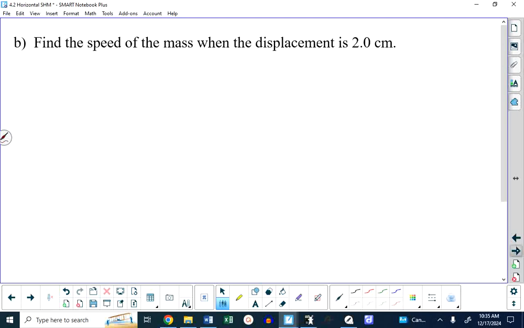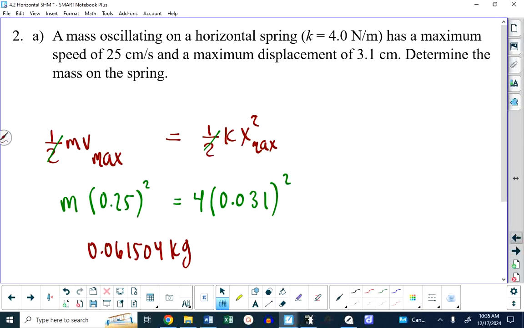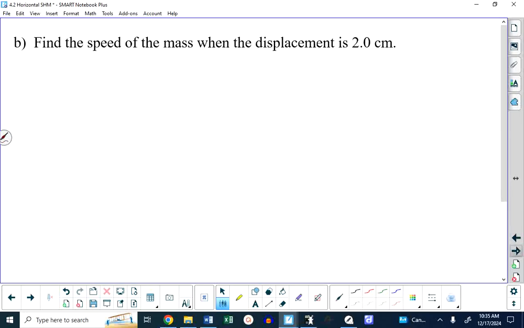B. What will the speed be when its displacement is 2 centimeters? So the thing to understand first, everybody, is 2 centimeters is less than the maximum displacement, but it's not 0. Which means we're talking about this point in time, or this position, as being a situation where we have kinetic plus potential energy.